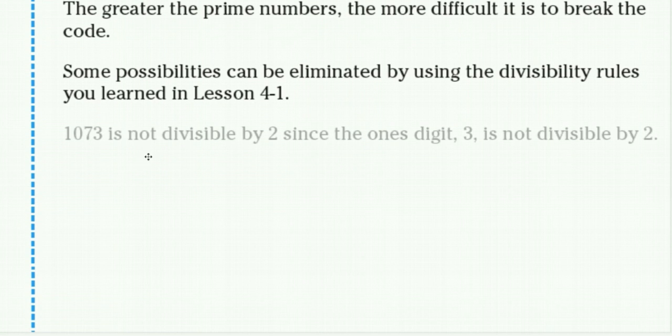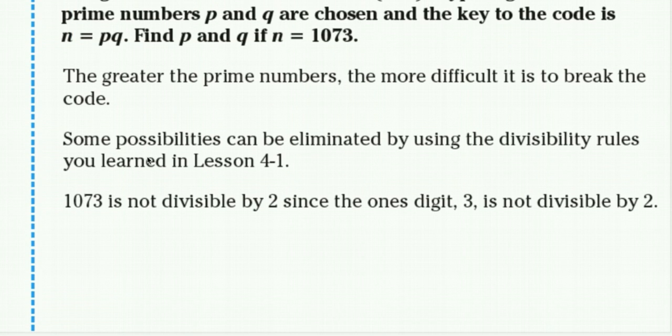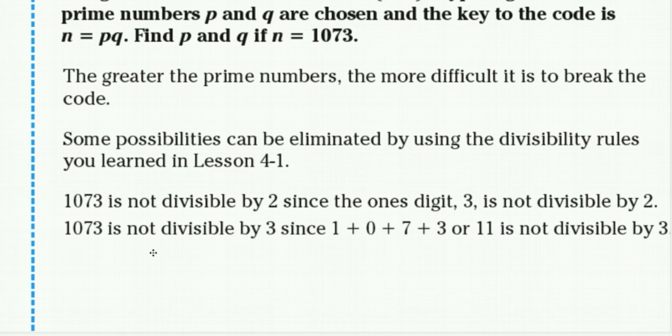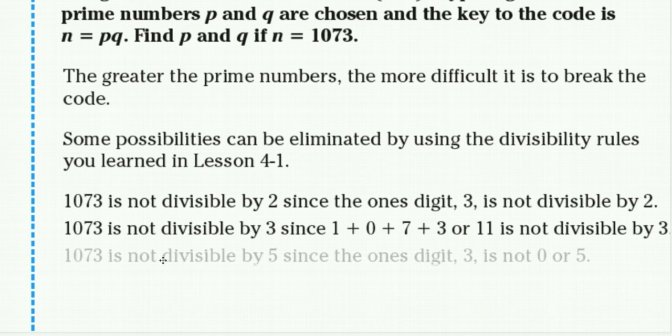We know that 1073 is not divisible by 2, since the ones digit is not even. It is not divisible by 3 because when you add up the digits, you get 11, which is not divisible by 3. It's also not divisible by 5 since the ones digit is 3, not 0 or 5.